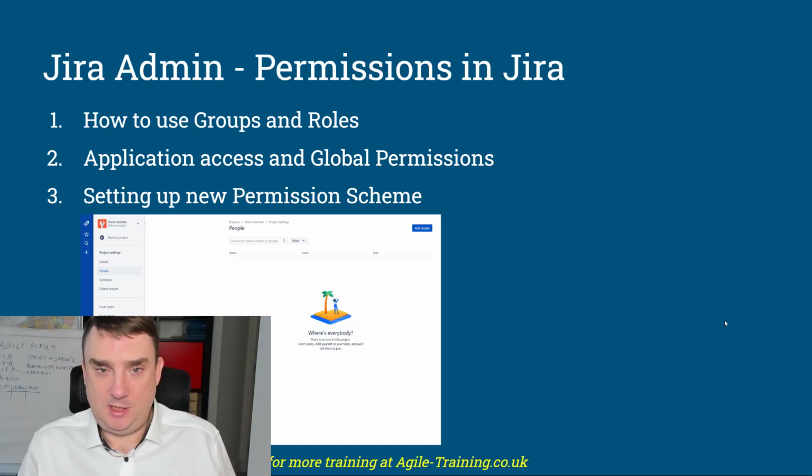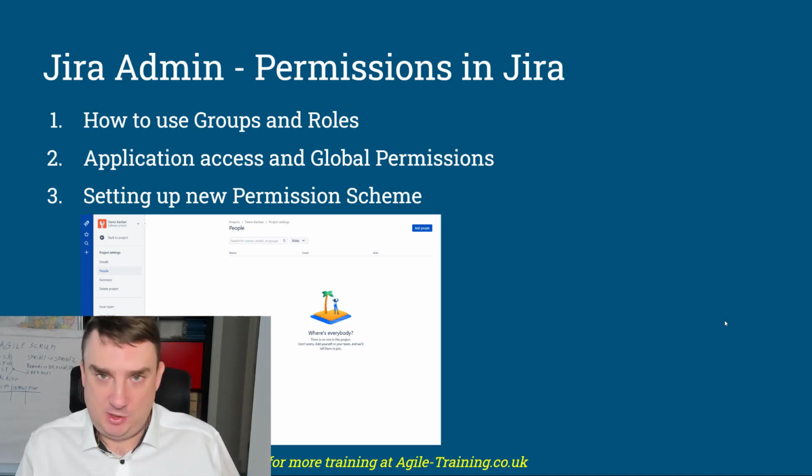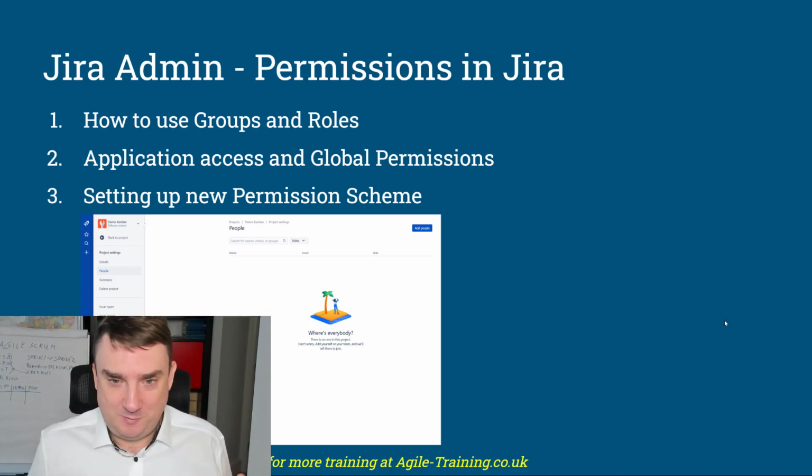So what does it mean? Anyone can go into any project and see what is going on, add a comment, change or assign the user, add an attachment, and so on. Basically, anyone can perform almost any operation across all projects in Jira.